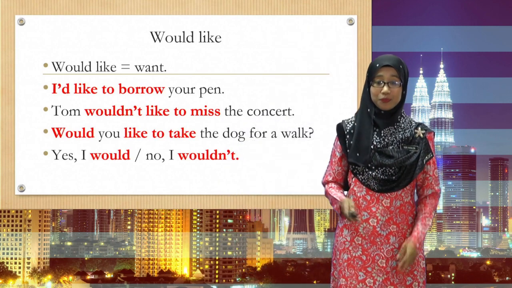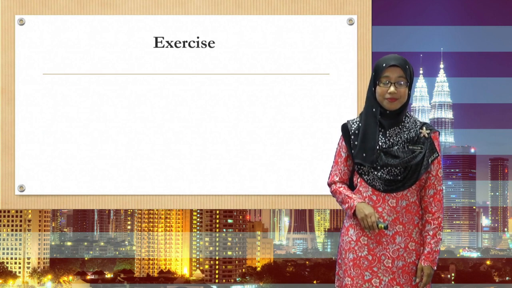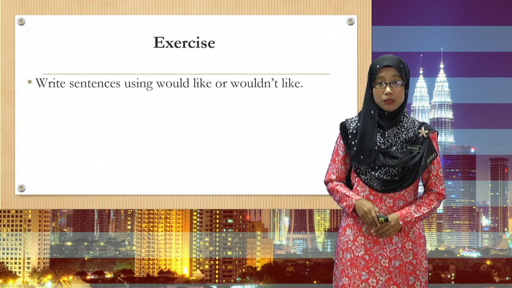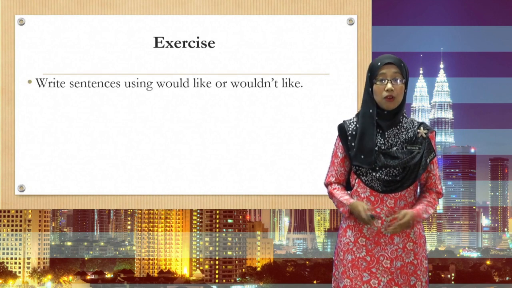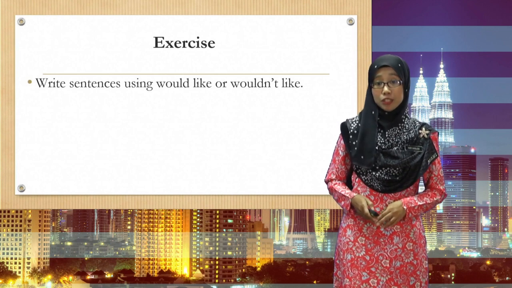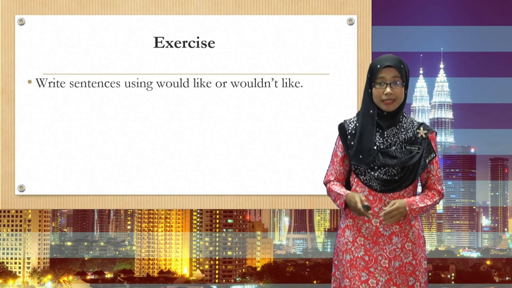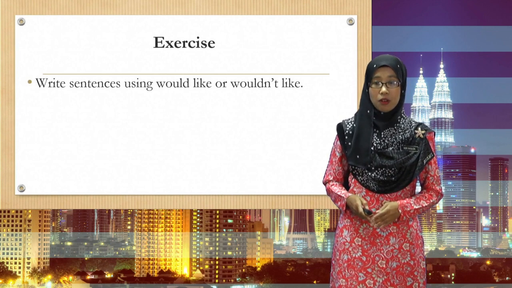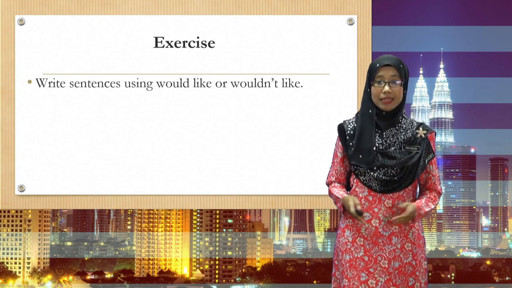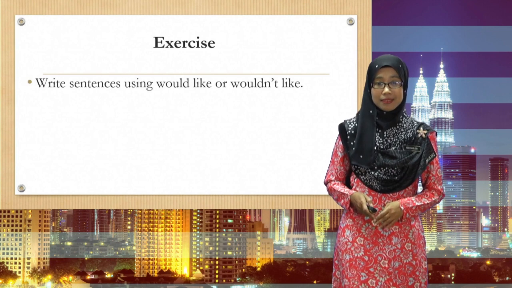Okay, now we move to our exercise. You have to write sentences using would like or wouldn't like. Let me remind you once again. Would like is affirmative or positive sentence, and wouldn't like is negative sentence.